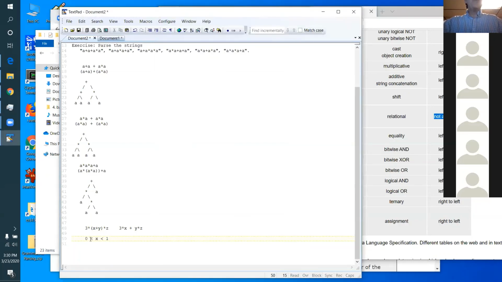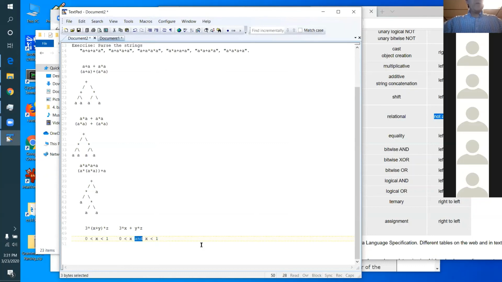Because it has to group these. What you're really trying to say is X is greater than 0 and X is less than 1.